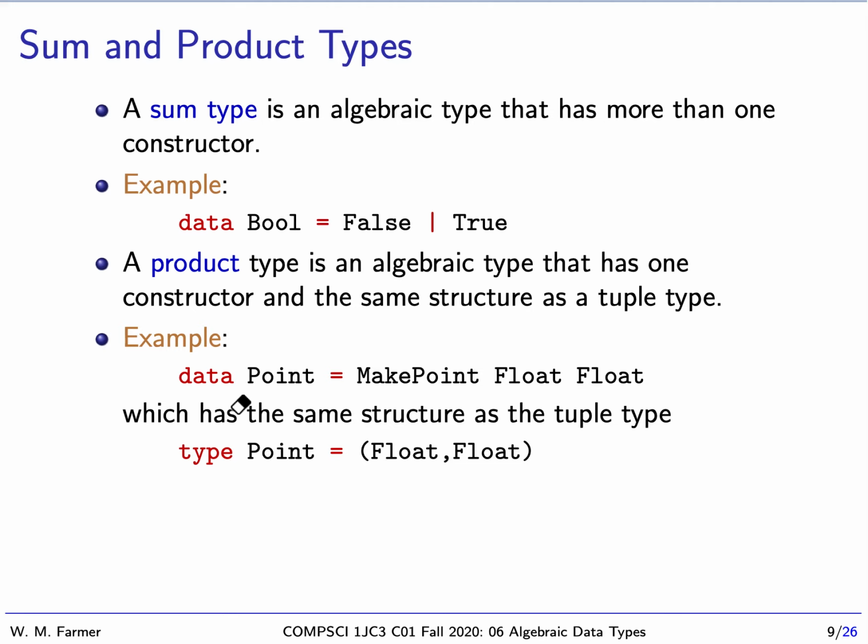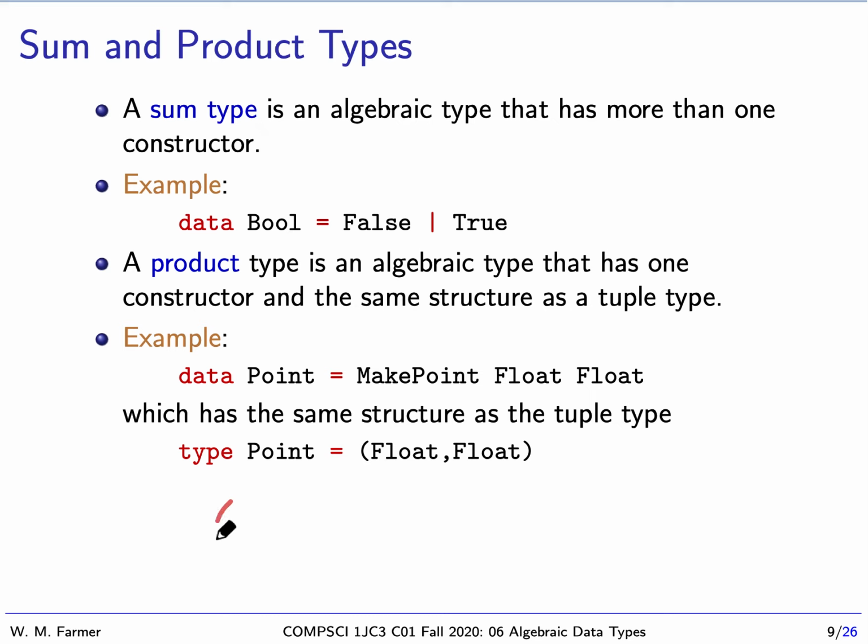Now a product type is an algebraic type that has one constructor and it has essentially the same structure as a tuple type. And these tuple types correspond to what people call Cartesian products.